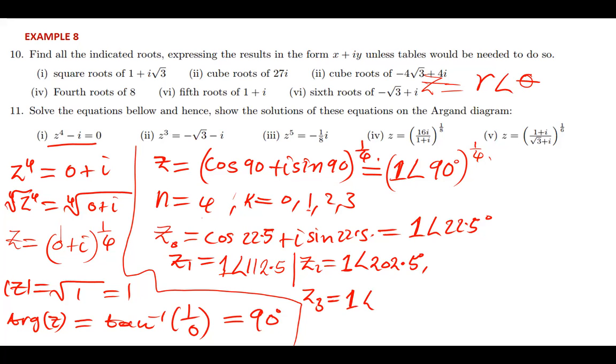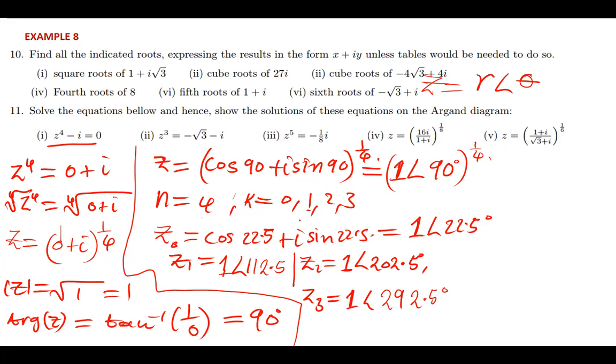So when you multiply that times 3, you get 1080. Then you add it to 90, which is 1170. Divide it by 4, you get 292.5. So you get 292.5 degrees.